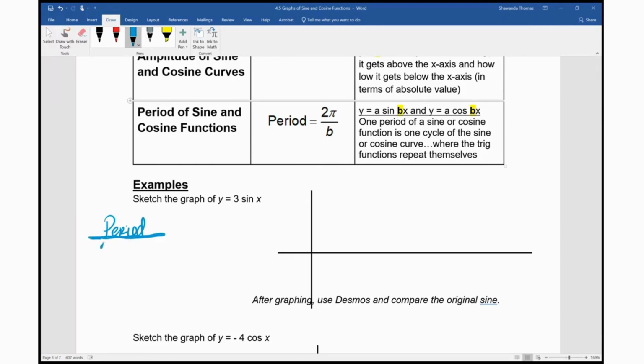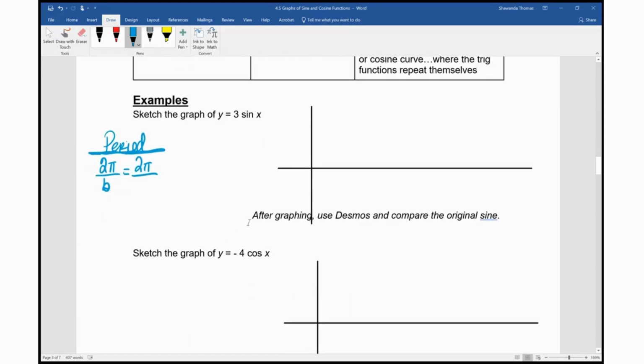The formula is 2 pi over b. So 2 pi over, what is b for this example? 1. 1 again. Nothing is showing in front, so it's an understood 1 there. So the period is 2 pi.